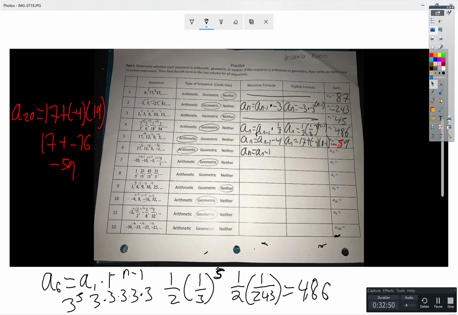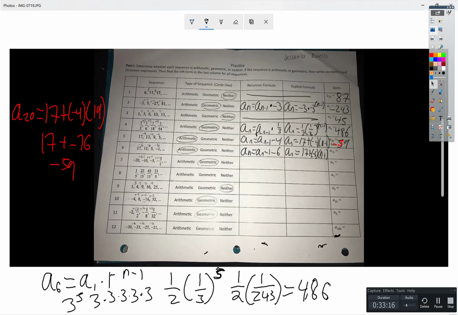Each term is equal to the previous term, minus 6. Each term is equal to the first term plus the common difference, which is -6, times the term number minus 1.